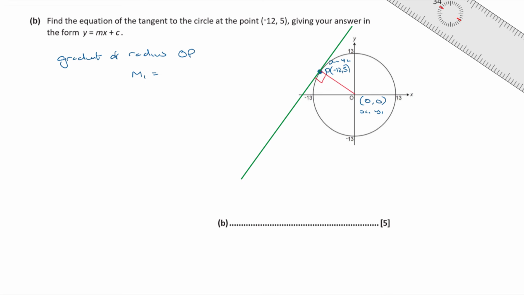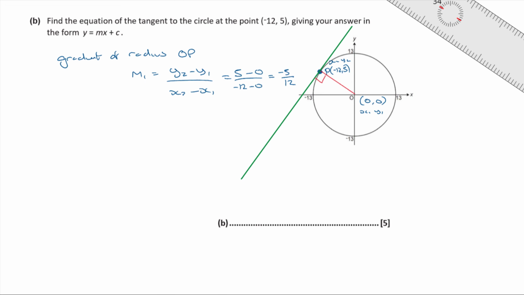Then the formula for finding gradient is change in y, y2 minus y1, over change in x, x2 minus x1. Again, I reckon you should just memorize this formula. It's super handy in these sorts of questions. So subbing in what I know, 5 minus 0 divided by minus 12 minus 0. That comes out to be negative 5/12, doesn't it? Okay, so that's the gradient of my radius.